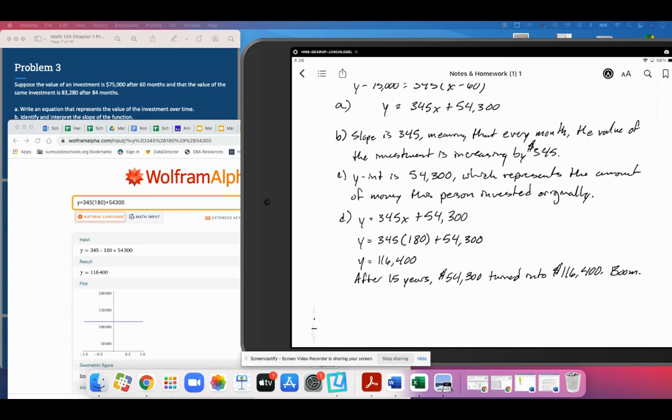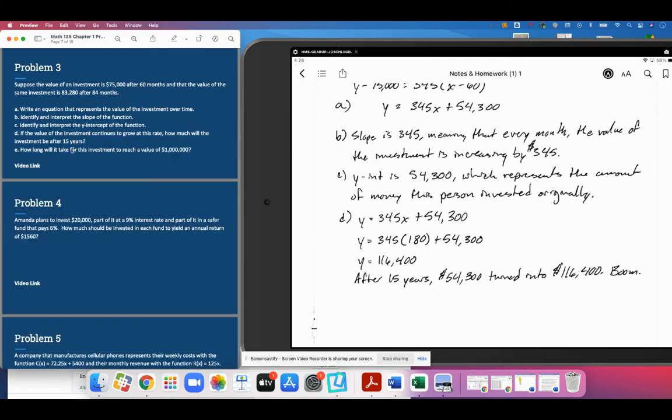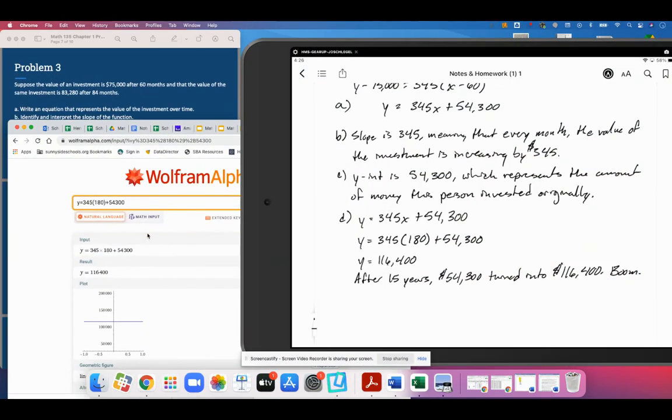Next, we have part E, which I believe asks, yes, how long will it take for the value of this investment to reach $1 million? And so in this instance, we are looking for time, so we're looking for x. And we want to know how long it will take for it to reach $1 million. I'm going to go ahead and write that down before I get ahead of myself. So we have our original equation, y equals 345x plus 54,300.